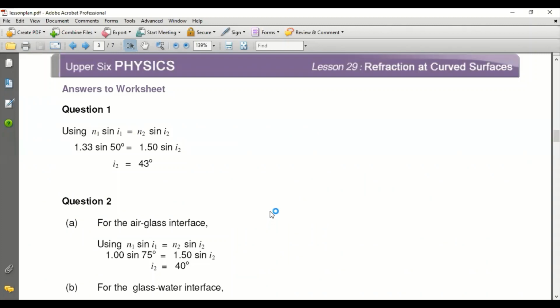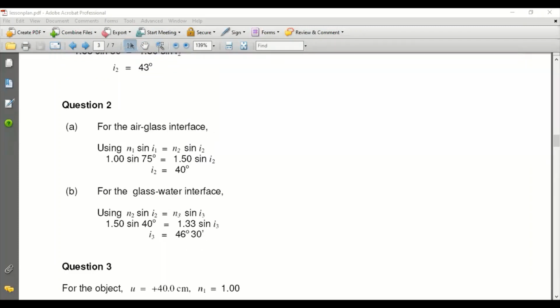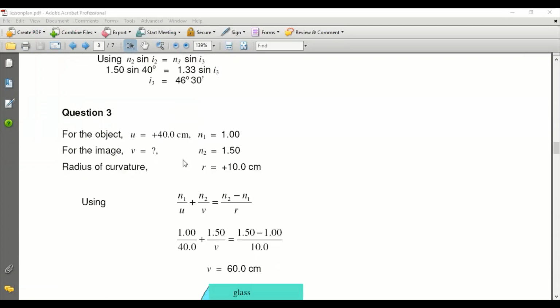Okay, students, this is the answer for question number 1. Answer for question number 2. Answer for question number 3.